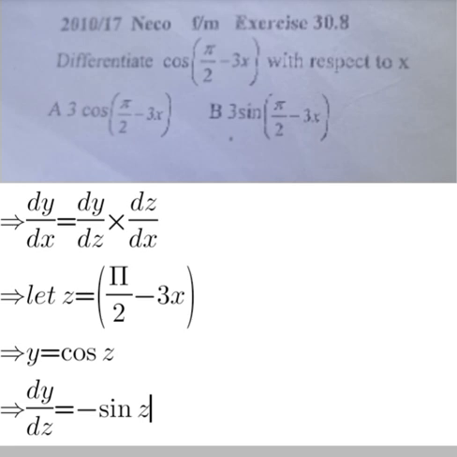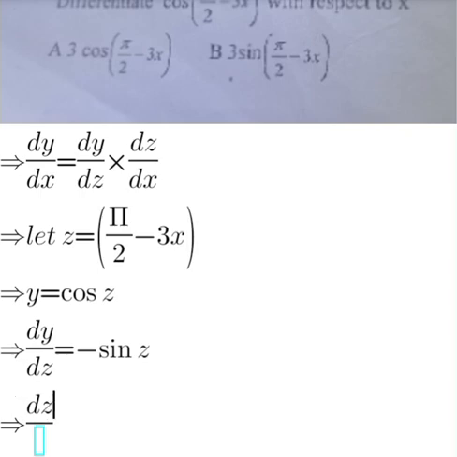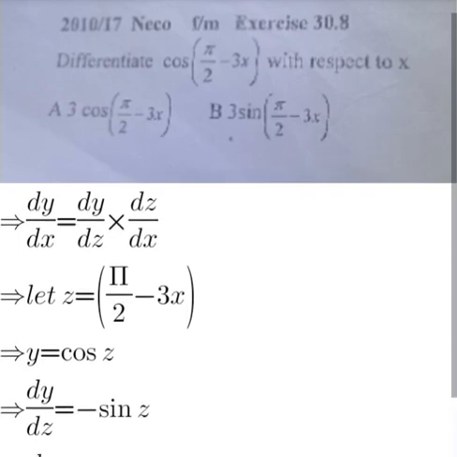So next step, what we are going to be doing is finding dz over dx, dz with respect to x. So now dz over dx is going to be equal to this value that we use to replace x.